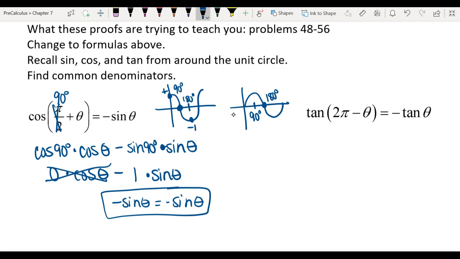All right, so we have tan of 2 pi minus theta. 2 pi is 360. All right, so now we have tan and its subtraction, right? So we have to use the tan subtraction formula. Okay.